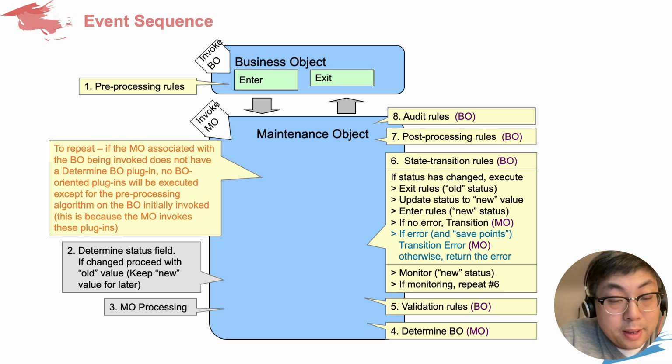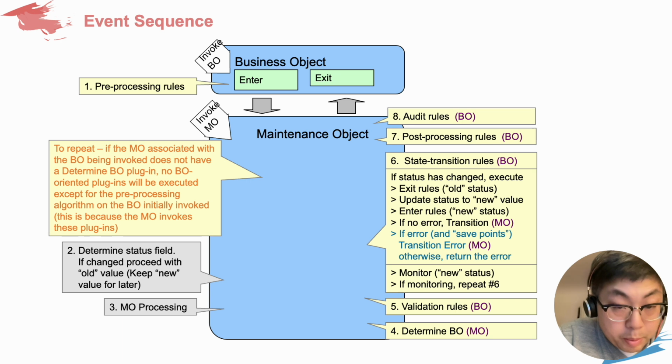Okay? And at this point, I know what BO it is, what the business object is from the maintenance object, and we can run the validation rules on the business object.